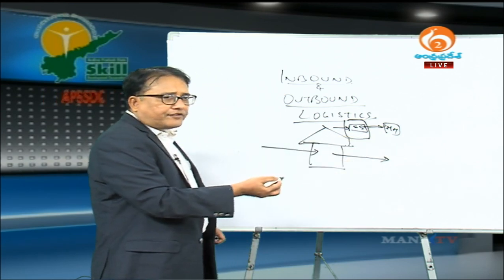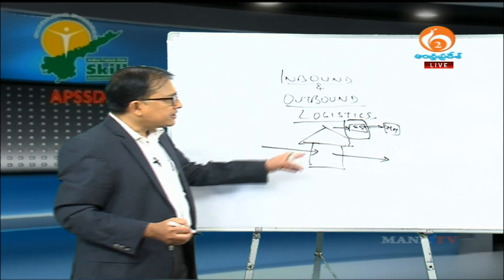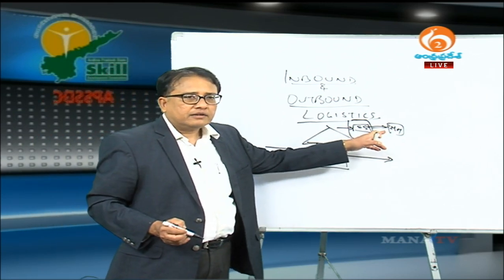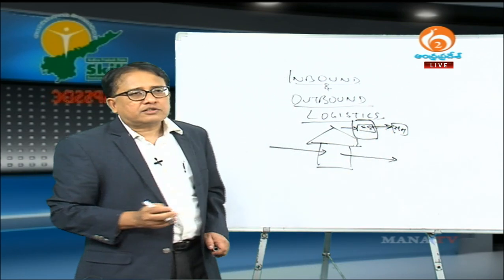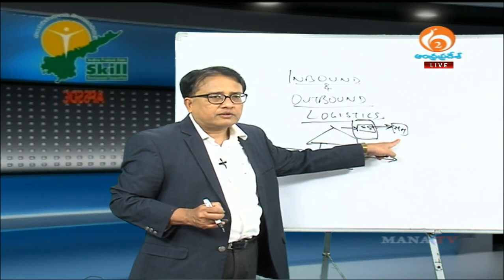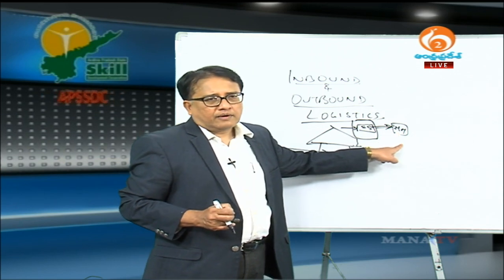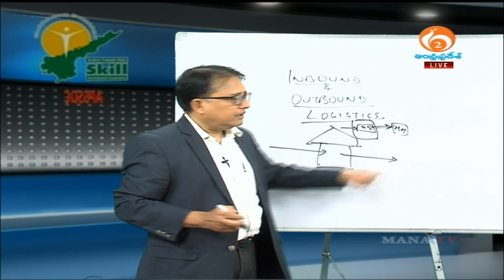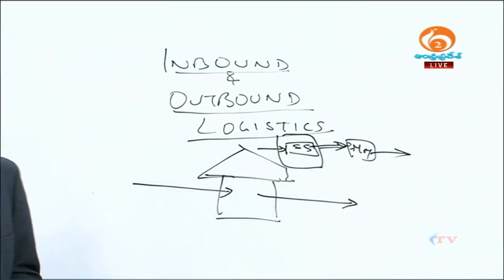On the next phase, for a manufacturer, shipments coming in from the supplier are through an inbound logistics process. This is inbound shipment for the manufacturer. Once the raw materials are processed and finished goods are made, the manufacturer in turn does an outbound logistics.